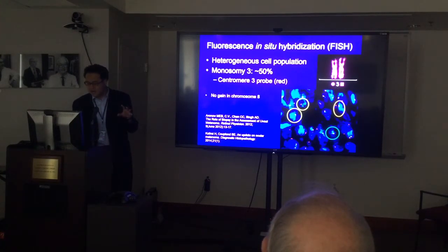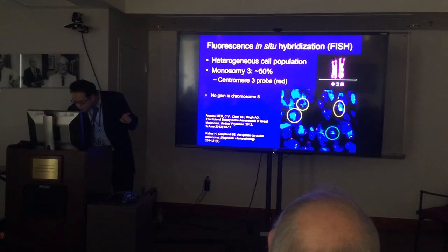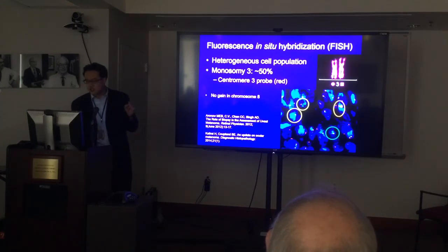So what we did here is that this is just a picture of 2 chromosome 3s, and our colleagues downstairs used a red probe looking at the centromere for chromosome 3. With the eye of faith, if you look over here, you can see there's one red dot and there's another red dot over here, suggesting that these 2 cells have 1 chromosome 3 each. If you ignore this bit over here, but look at this cell over here, you can see possibly about 3 red dots, suggesting that this cell has 3 copies of chromosome 3, whilst if you look down by this green cell, this has 2 red dots, suggesting 2 copies.